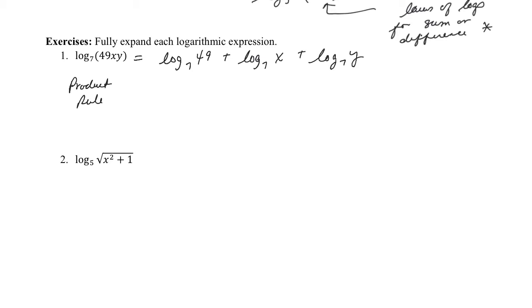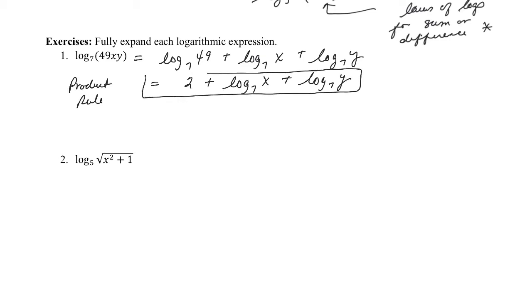And then I can further simplify log base 7 of 49. Well, 7 squared would equal 49, so that's equal to 2 plus log base 7 of x plus log base 7 of y. And that is your final answer.